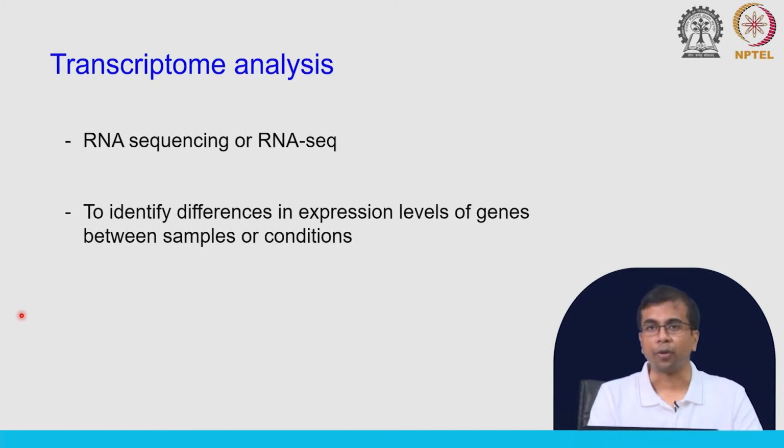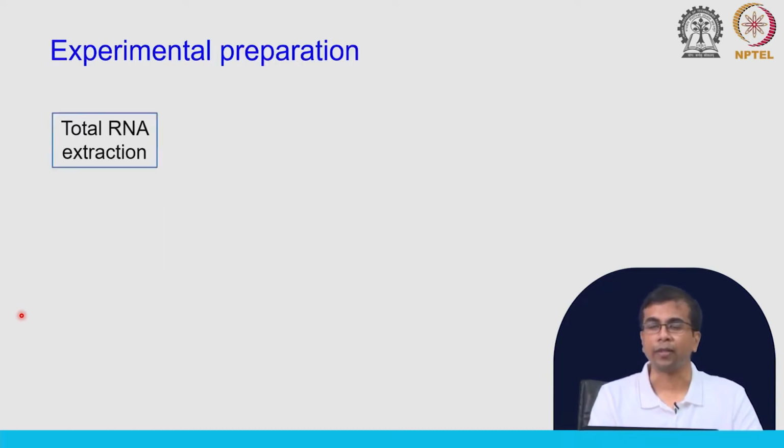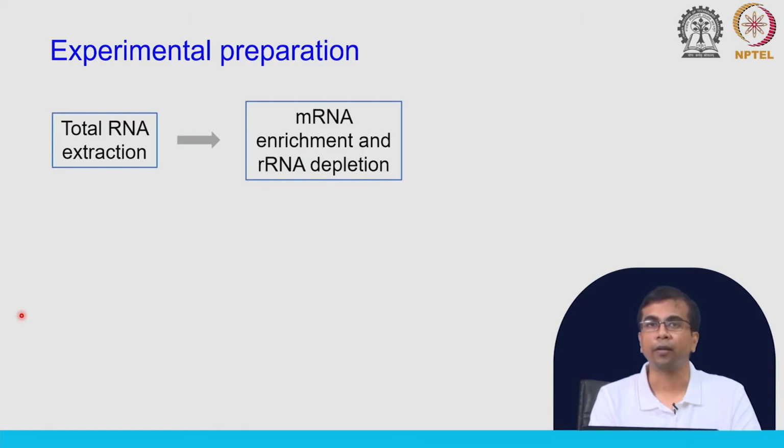So, what is the protocol? How do you do this? Some of this is actually shared with the microarray protocol. What you have in the first step is total RNA extraction from the sample that you are working with. So, it could be, for example, the tissue sample, it could be cell samples, right. So, we do our RNA extraction, and there is something called mRNA enrichment, because we want to measure expression level of genes, right.